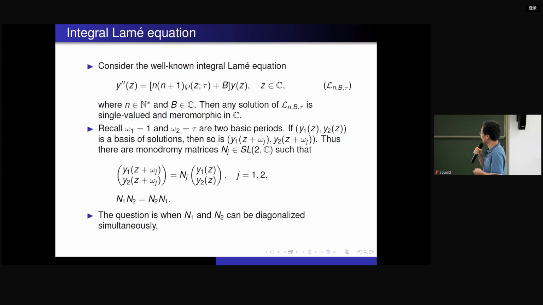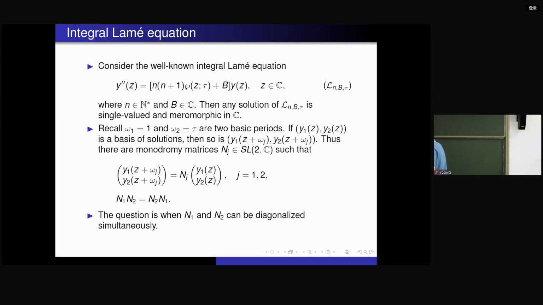So any solution is single valued, and then by analytic continuation, they are meromorphic in the whole plane. So we have two basic periods. If y1, y2 is a basis of solutions, then so is y1(z plus a period). So there are two basic monodromy matrices N1 and N2 such that this term can be expressed by y1, y2 with this matrix.